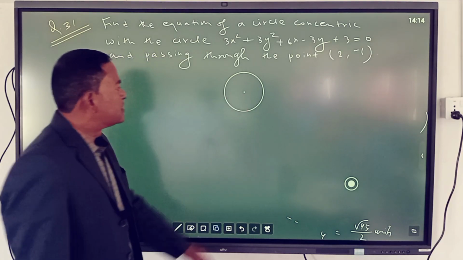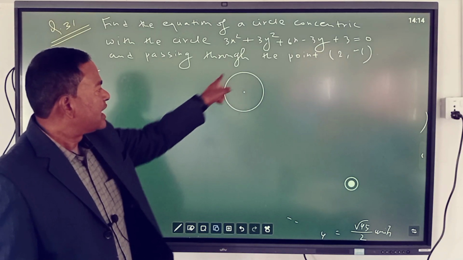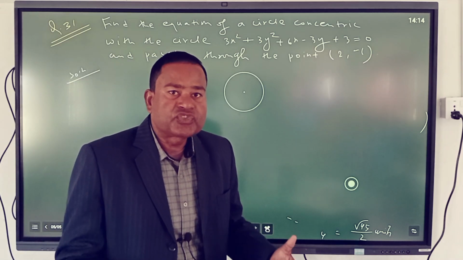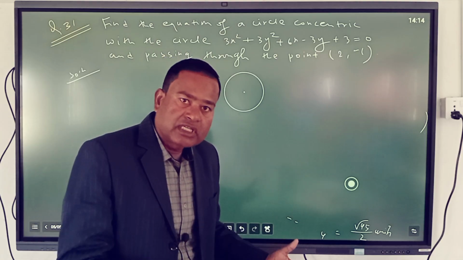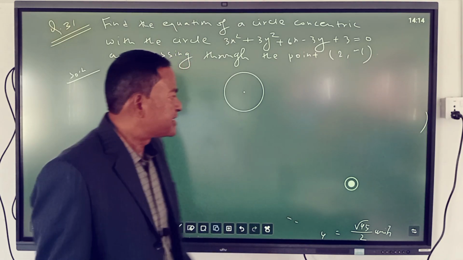So dear students, by taking this point as the center, I have drawn a circle. Now by taking the same center, I am going to draw another circle. Then the two circles are called concentric circles, circles having the same center.